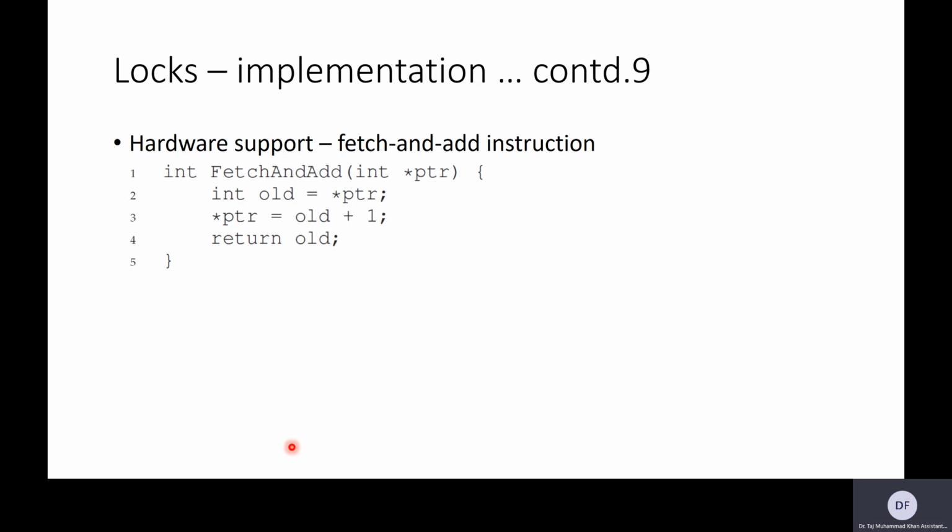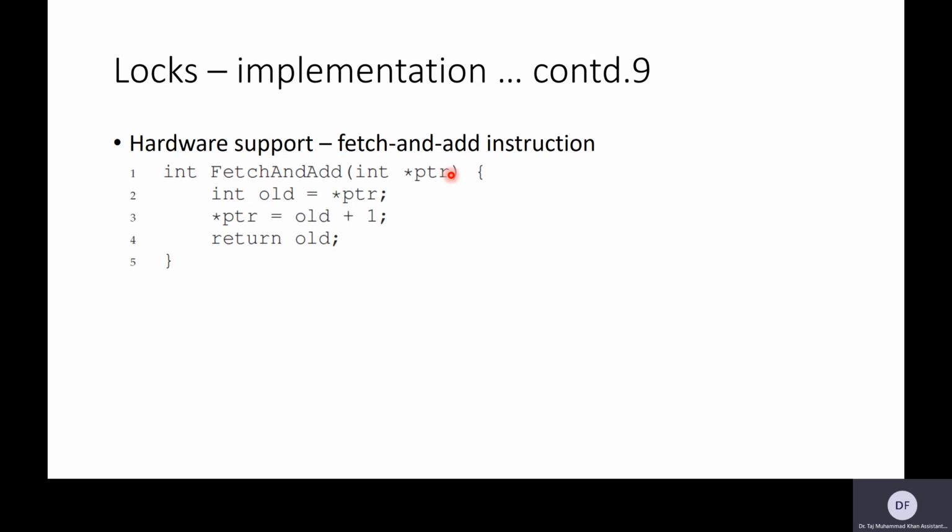Another implementation. Some other processors have other instructions in their assembly language which we can use to implement locks. One of those instructions is fetch and add. Fetch and add is an assembly level instruction, executed atomically, implemented as hardware inside the processor. Here we have the C code to show the behavior of fetch and add.